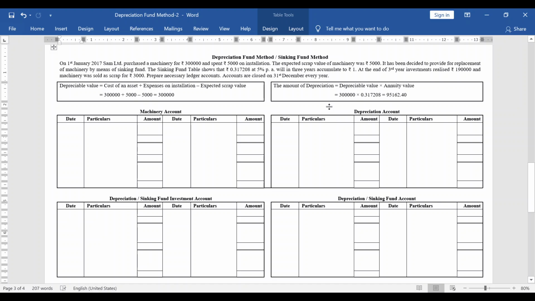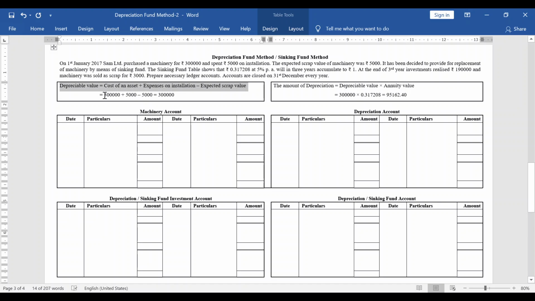So, the amount of depreciation in this case is equal to the depreciable value of an asset into the annuity value. Now, the depreciable value of an asset is equal to the cost of an asset plus expenses incurred which are incidental to purchase of an asset, that is in this case expenses on installation, minus the expected scrap value.